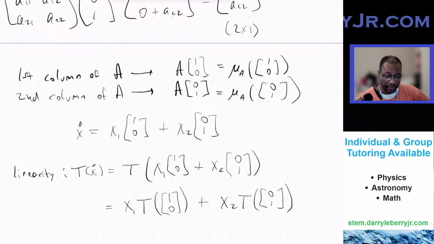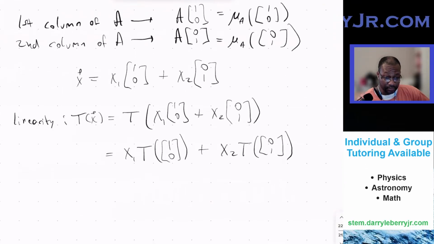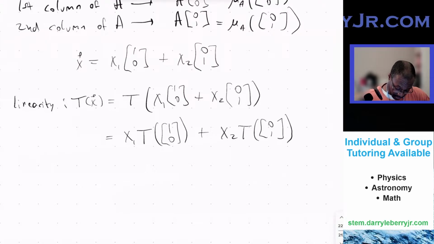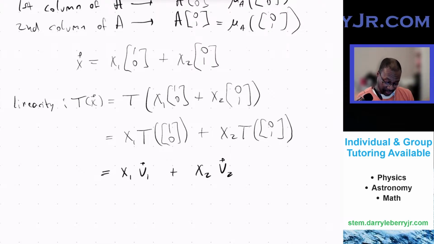That is, once we know the two vectors v1, interesting. So what they're now saying is this is x1 v1 plus x2 v2. So they're calling that transformation a vector.